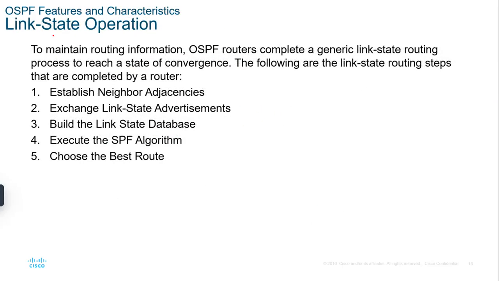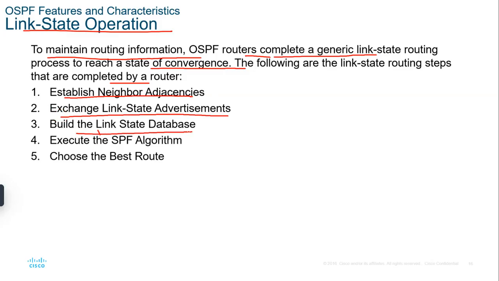So link state operations. To maintain routing information, OSPF routers complete the generic link state routing process to reach a state of convergence. The following are link state routing steps that are completed by the router: establish neighbor adjacencies, exchange link state advertisements, build the link state database, and execute the shortest path first algorithm.